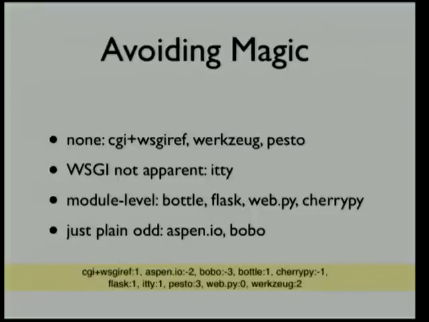In Itty, the WSGI environment is present as request._environ, and I actually had a conversation with the author of Itty about that, and he's like, yeah, what? I'm like, but you want to access it, why has it got an underscore? Why are you pretending to hide it? And he's like, yeah, whatever. And of course, there's absolutely no magic in CGI, WSGI ref, Werkzeug or Pesto, which can make them a bit more effort.